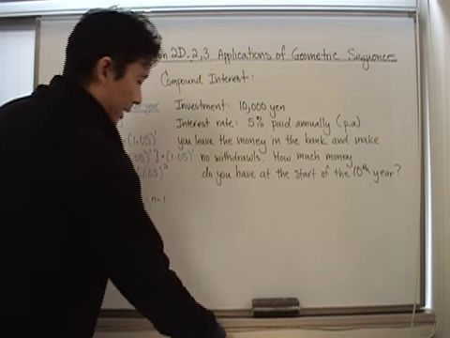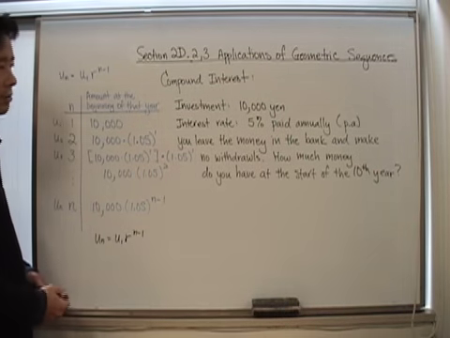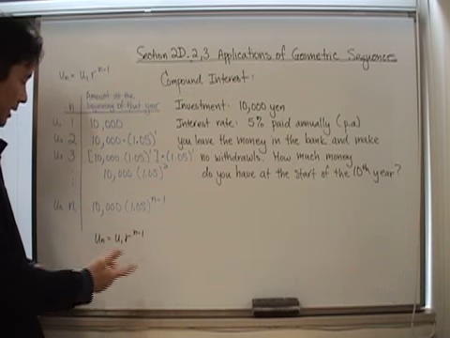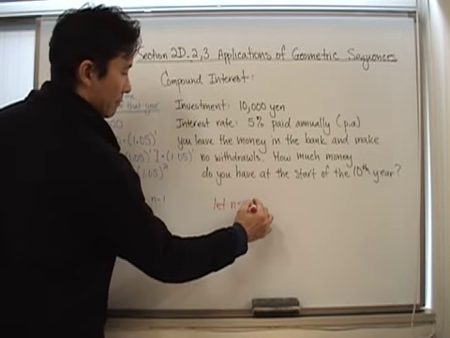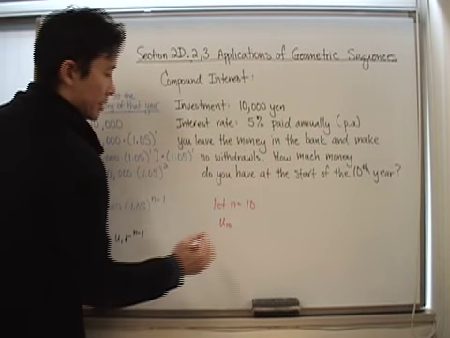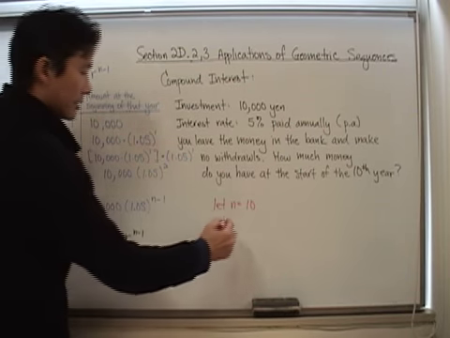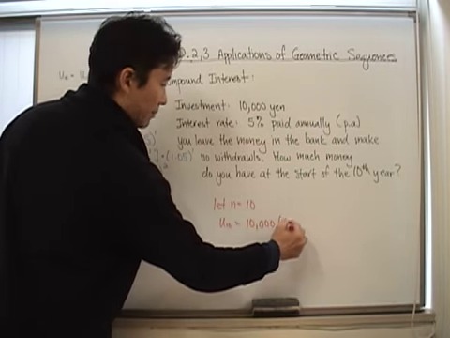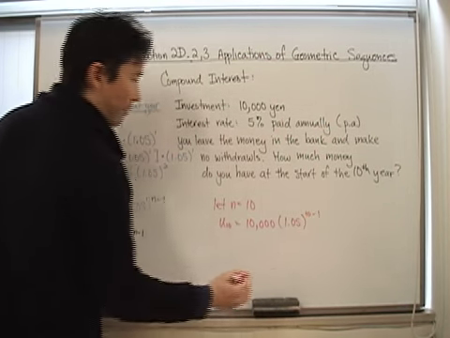So let's go ahead and answer this question. It says, how much money do you have at the start of the 10th year? If that's the case, we just need to let n be equal to 10. So u sub 10, which is how much money we'll have at the beginning of the 10th year, is just going to be equal to 10,000 times 1.05 raised to the 10 minus 1 power.